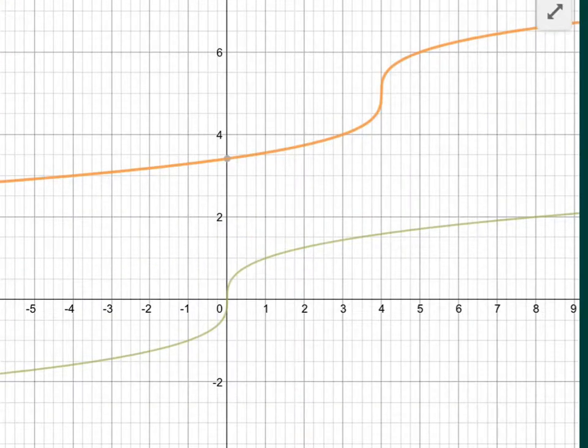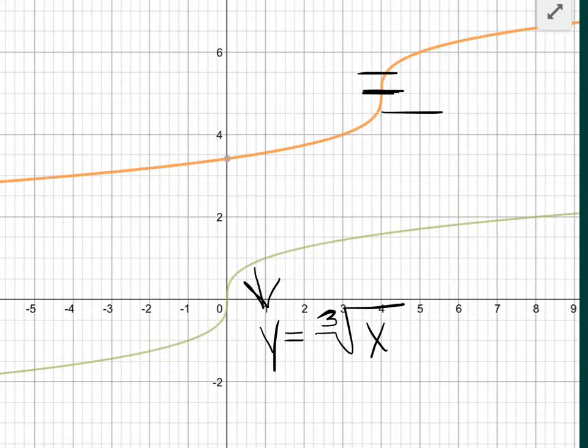The parent function on this is going to be y equals the cube root of x here. This one, identify where it's at to begin with, and notice that this mark is directly in the middle. It is not this one or this one.